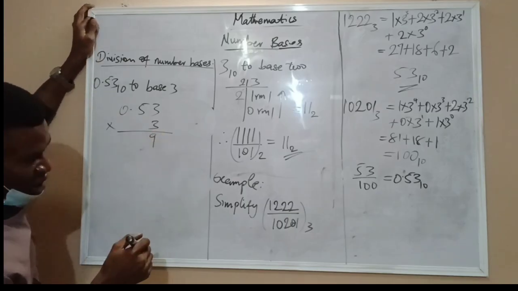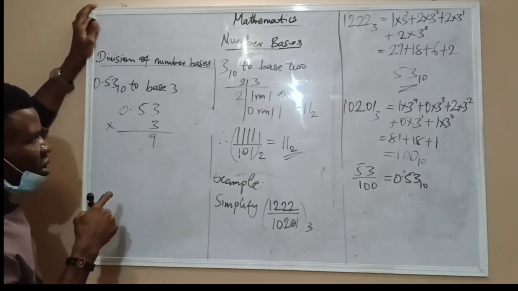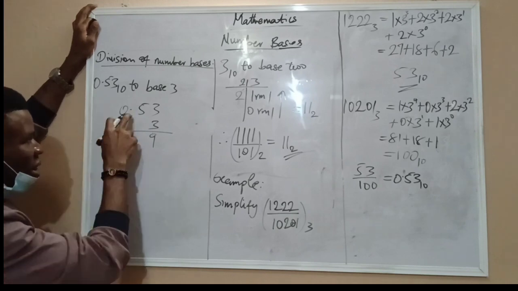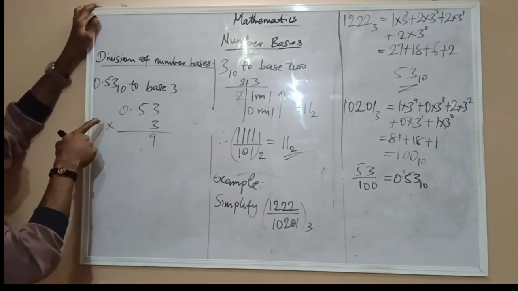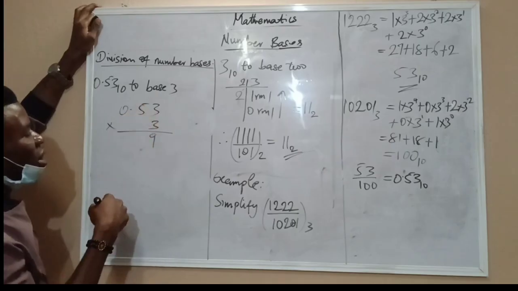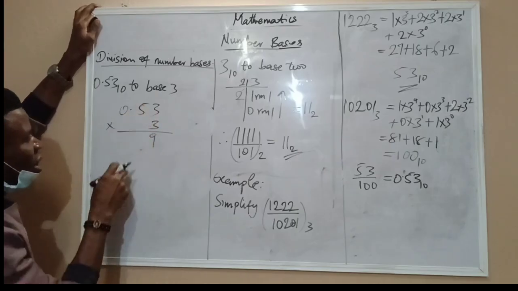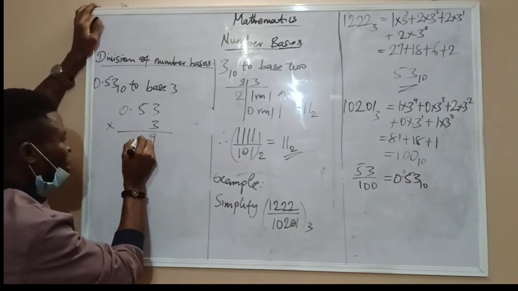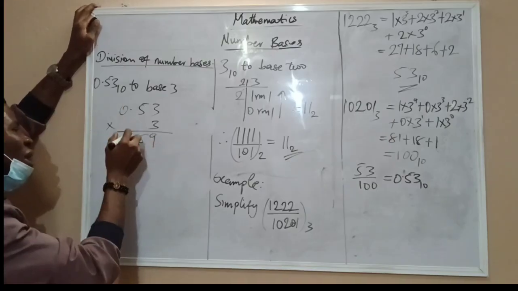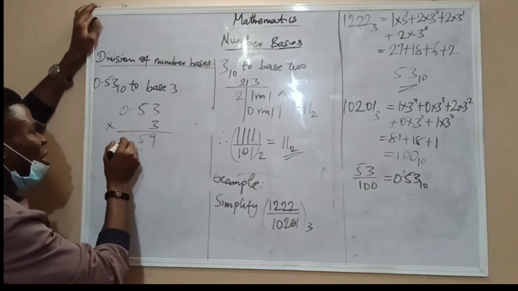You write that 9. This one we are just converting from base 10 to base 3, but it has a decimal point, so this is the way we do it. 3 times 3. So now we write the 9. Then 3 times 5 is 15. You write 15, write 5. Then that one that enters this side, take it as a remainder, which is 1.